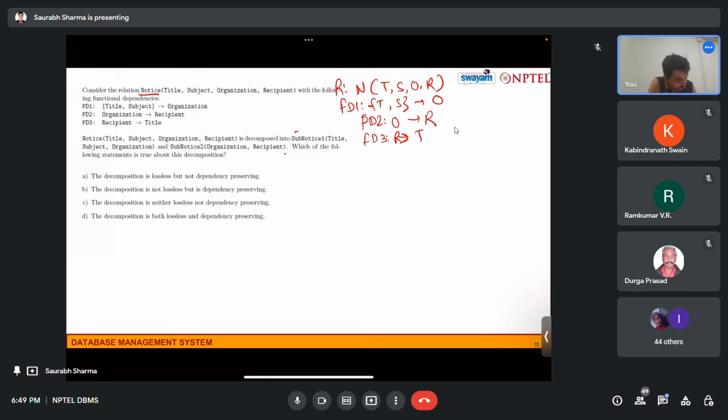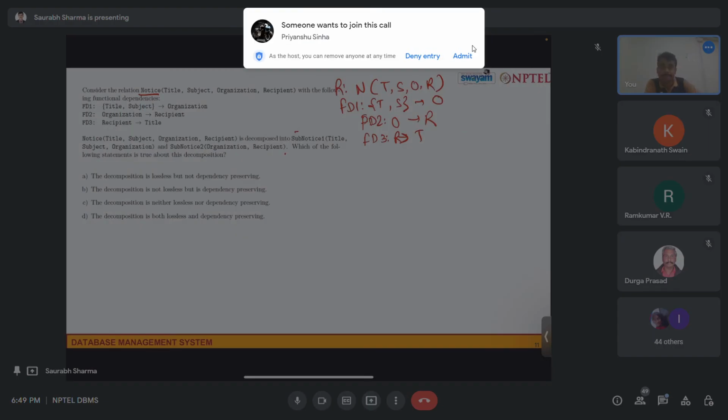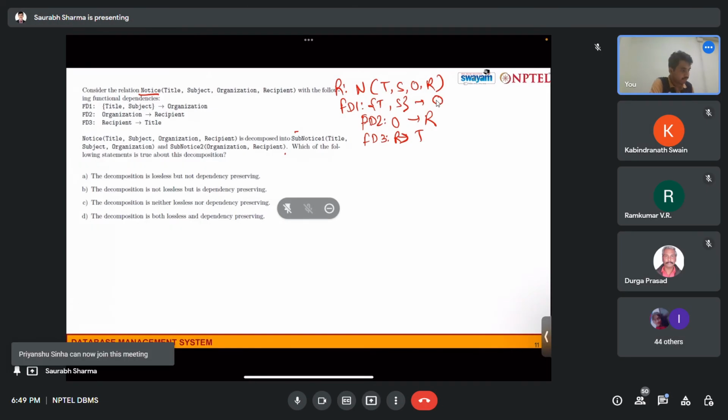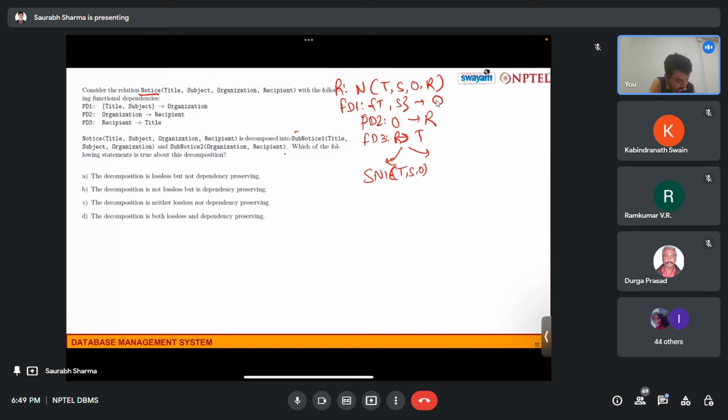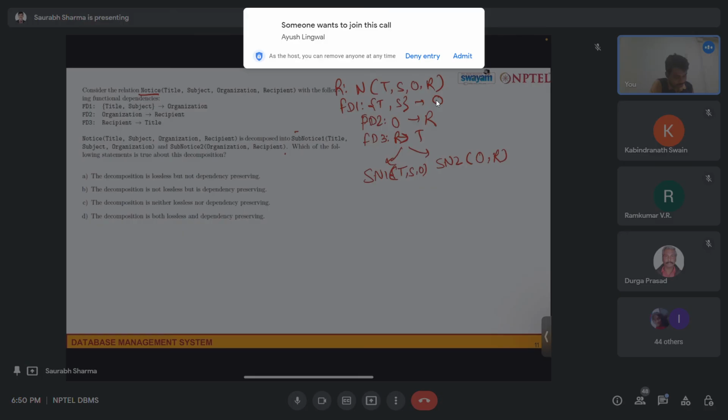Then we are decomposing it into subnotice 1, which has title, subject, organization. Then SN2 has organization and recipient.